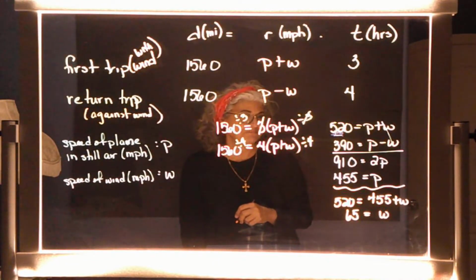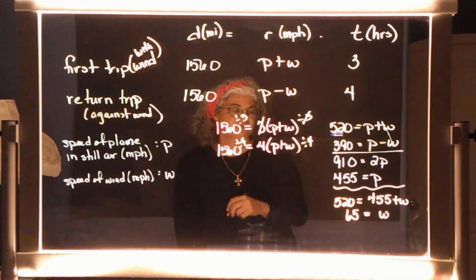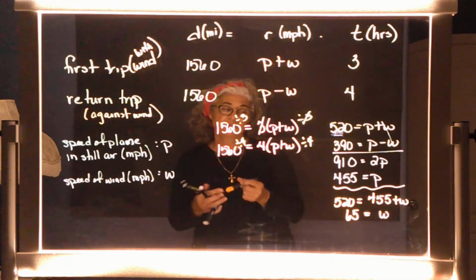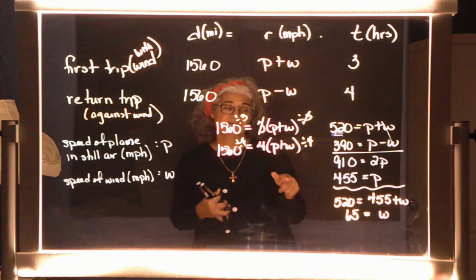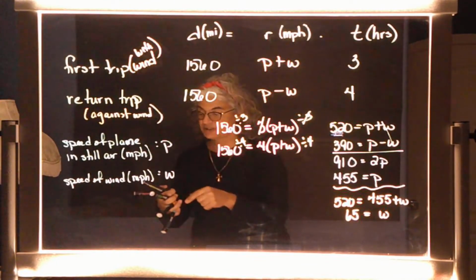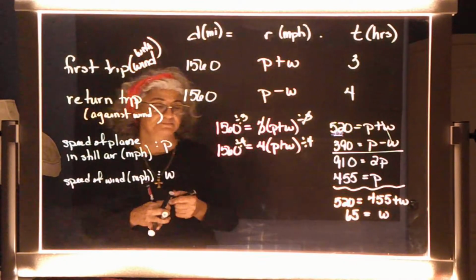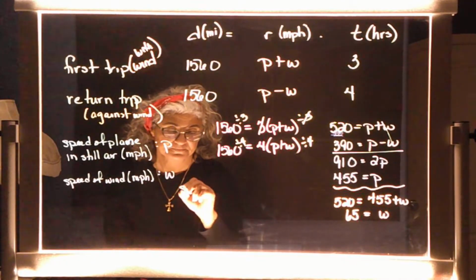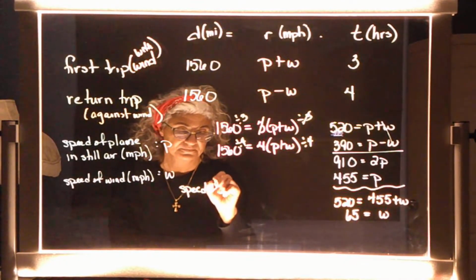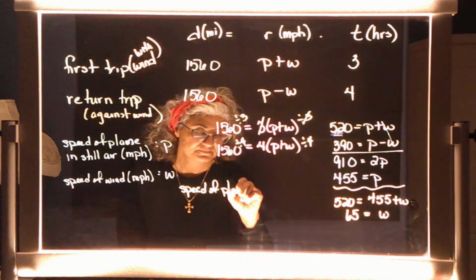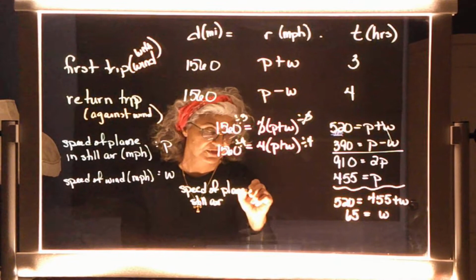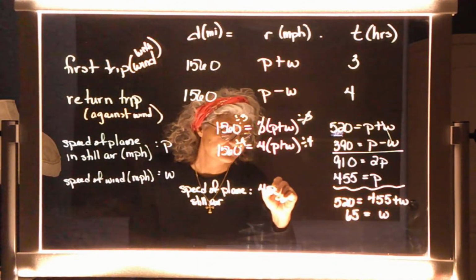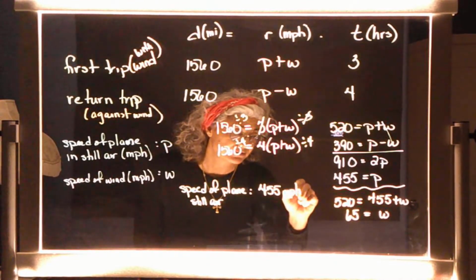Yes? Okay, got it. So, what's P represent? P represents the speed of the plane in still air. So that would be 455 miles per hour.